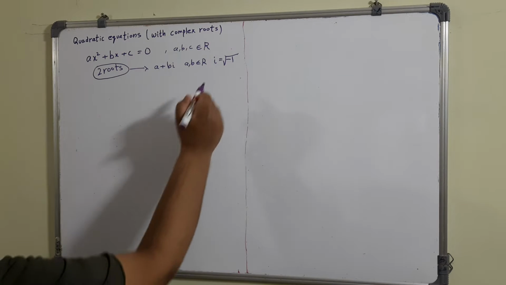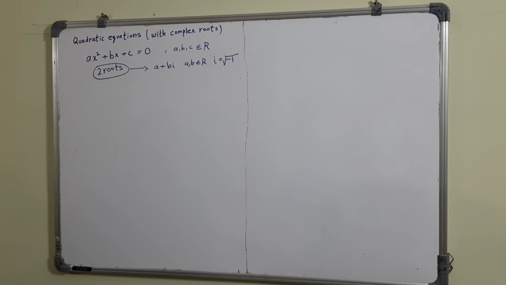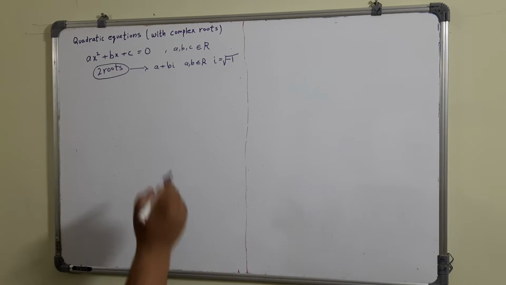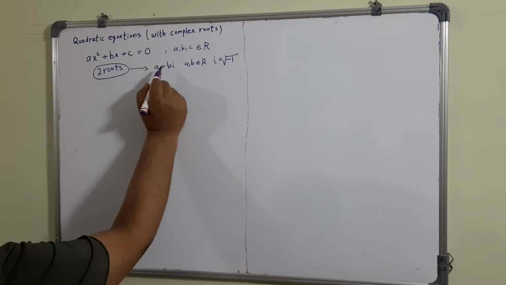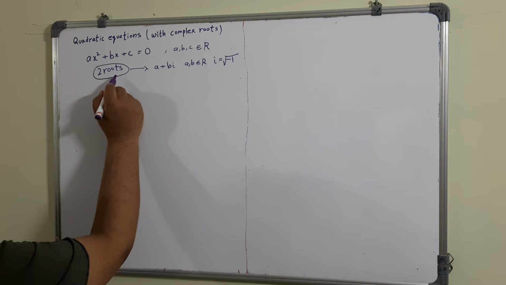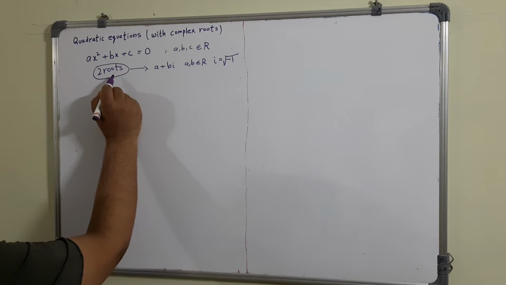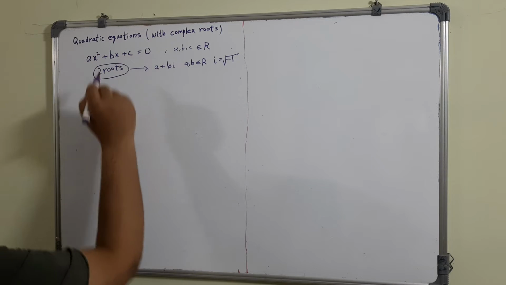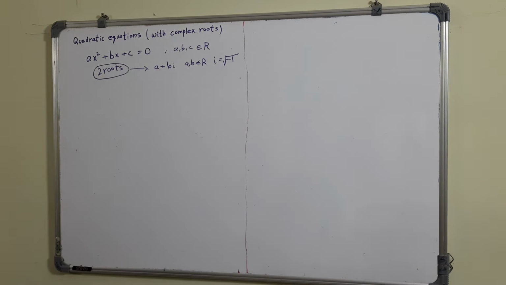So this is the value of i, and in this form it becomes a complex number. We are going to learn about these complex numbers as roots, as solutions to these quadratic equations.